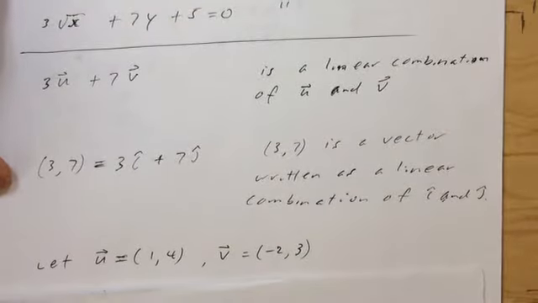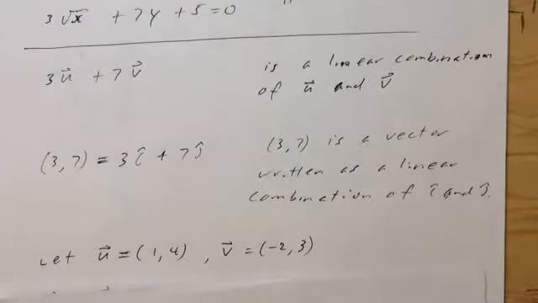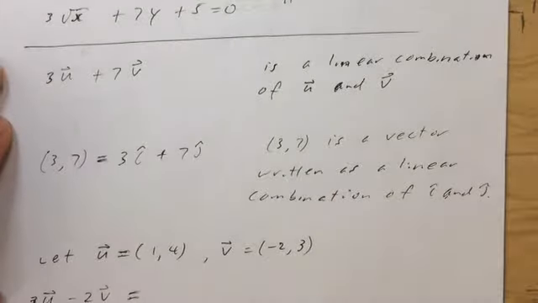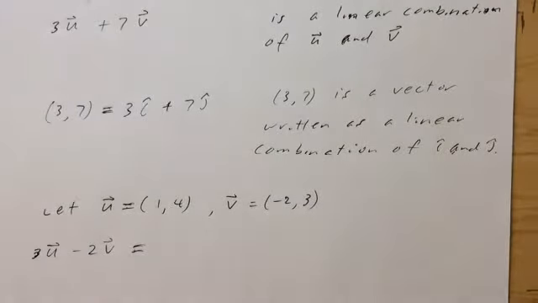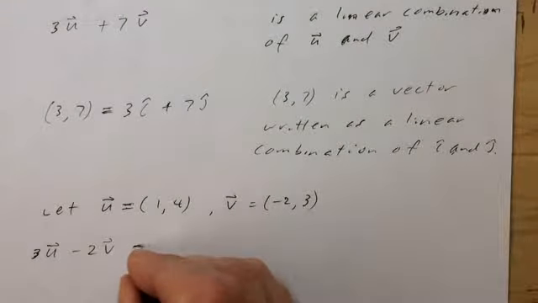What about if we have vectors u and v? Let's work out what 3u minus 2v is. So 3u minus 2v.